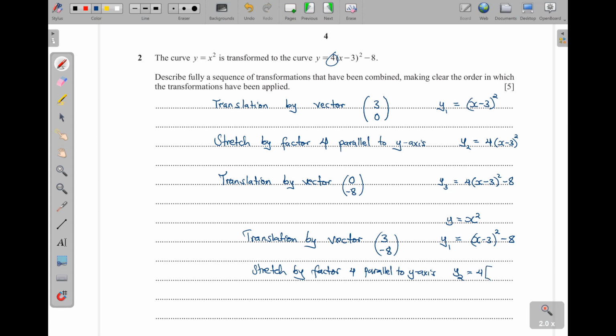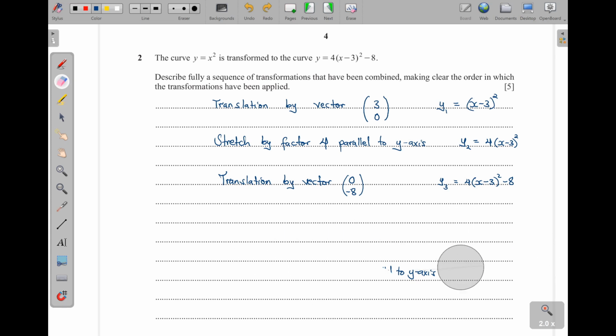So you have to put this one here minus that. But when you open the brackets, do you get the same thing as this? Of course not. So that would be wrong. So that's why they were saying, making clear the order. However, you would do this one this way also.